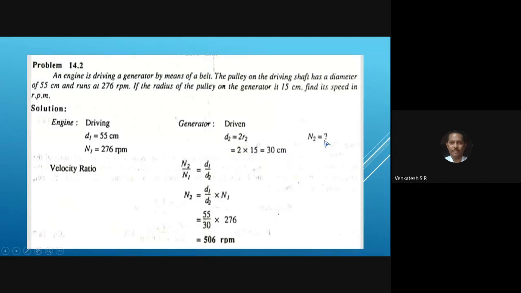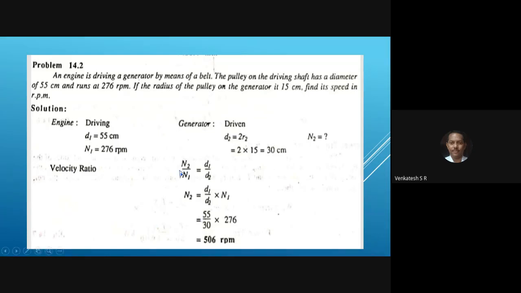You have to calculate speed of the driven, N2 equal to question mark. Below that write down velocity ratio equal to N2 by N1 equal to D1 by D2.